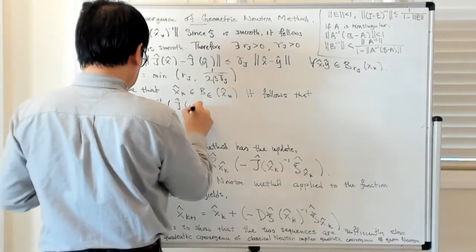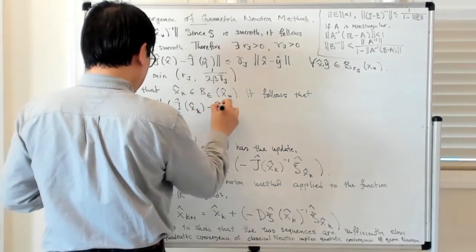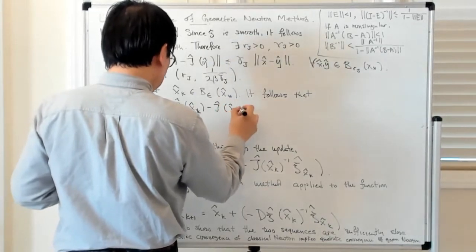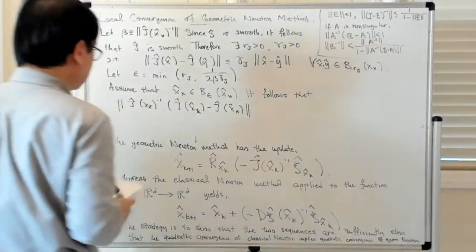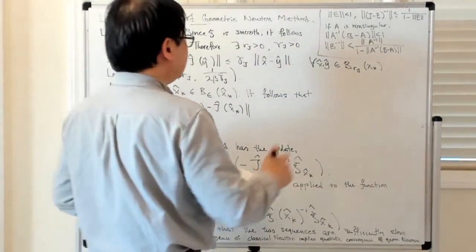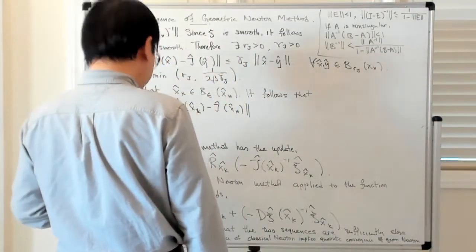J hat x_k hat minus J hat x star hat. All right, so I'm going to need to show that this thing is less than 1.